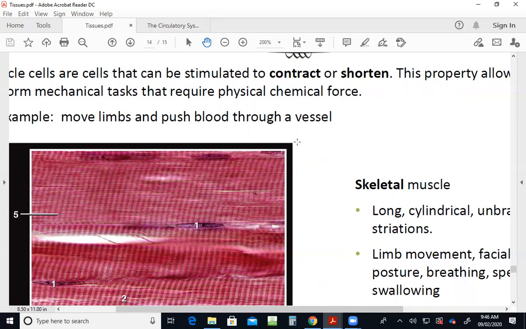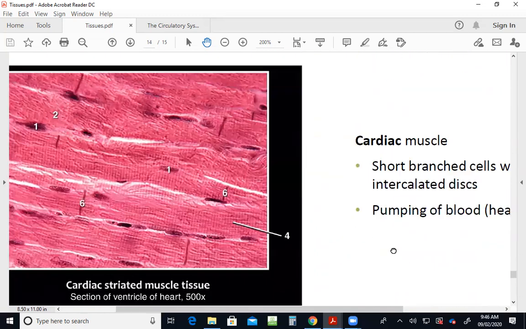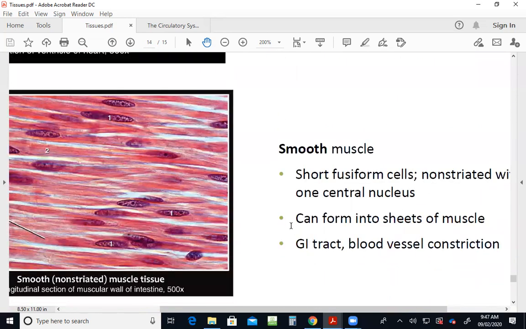So we did our first two general types of tissue. We've got two left, muscle on this page and then nervous on the final page. Three types of muscle exist: skeletal, cardiac, and smooth.